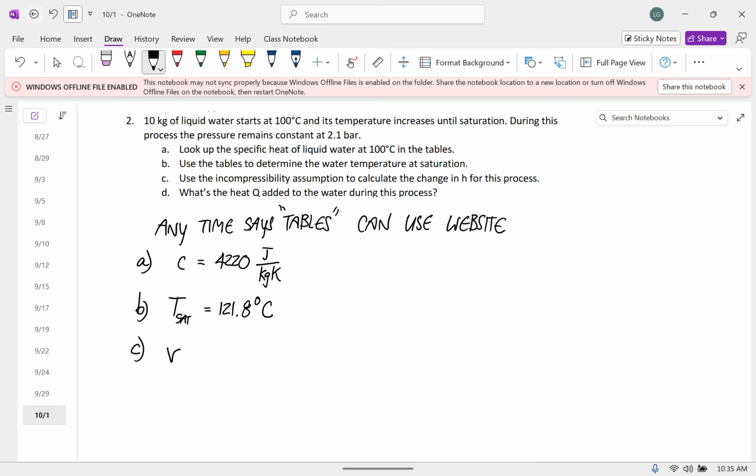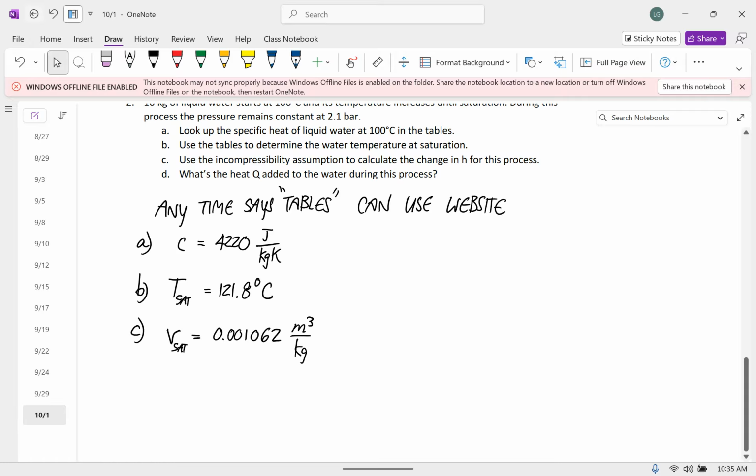So the specific volume at this temperature is 0.001062. This is in meters cubed per kilogram. How does that compare to the specific volume at room temperature of water? Yeah, very little difference. At room temperature it's 0.001, 1 times 10 to the minus third. So right in that same ballpark.